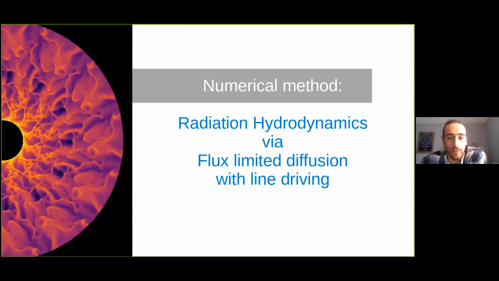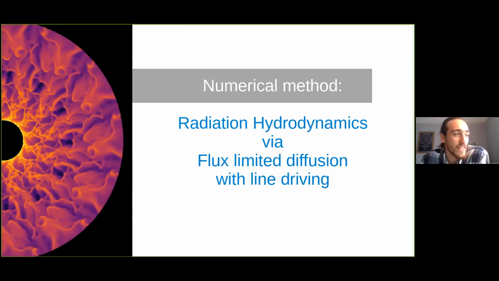So I can now go to the numerical method. Here I will explain how we plan on modeling these winds in a multi-D setup. The method that we use is radiation hydrodynamics via the flux limited diffusion approach with line driving. So that's a whole lot of words.